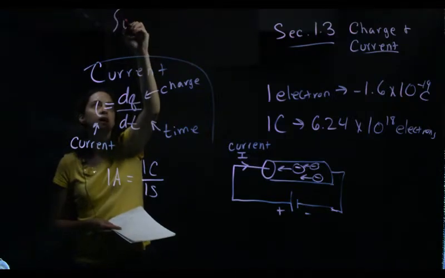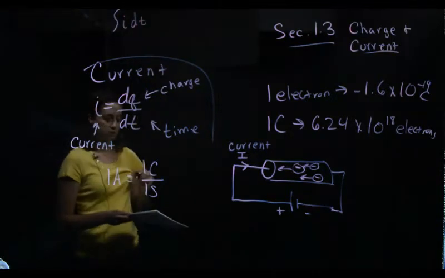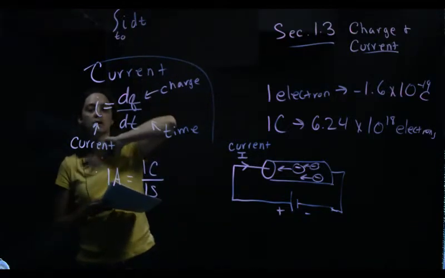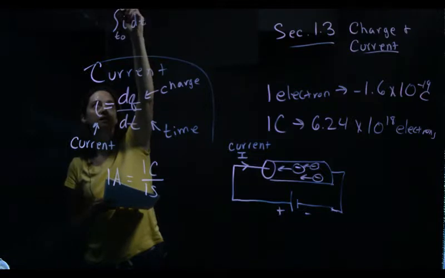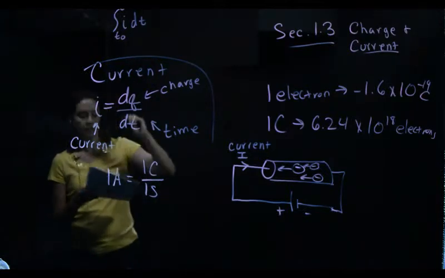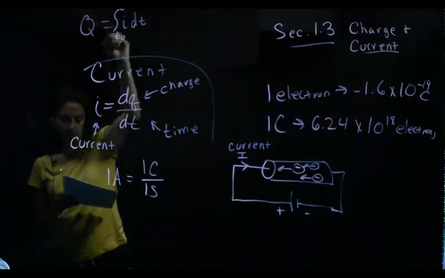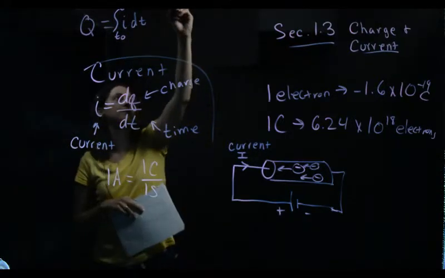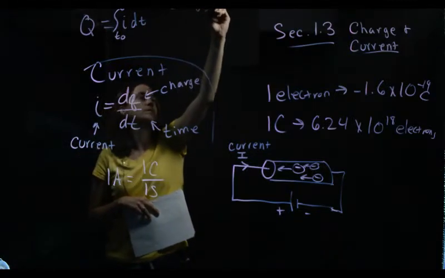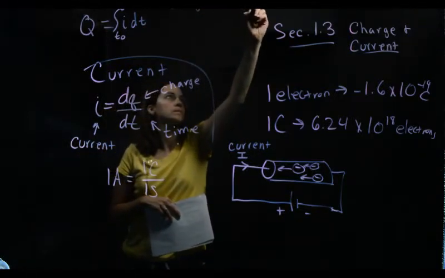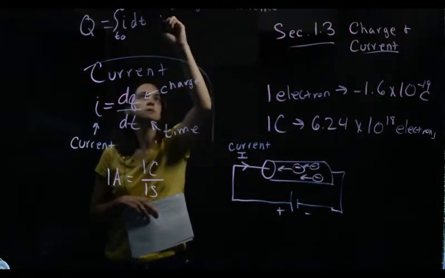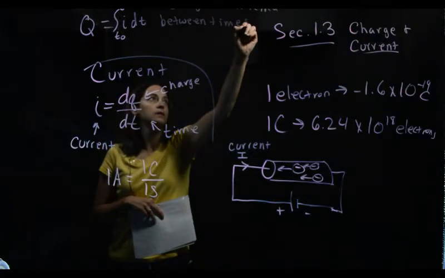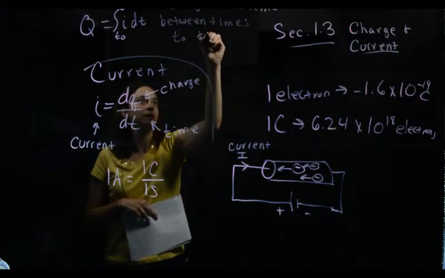So the integral of i with respect to time from some initial time t naught to the finish time t is equal to Q. So this is our charge transferred between times t naught and t.